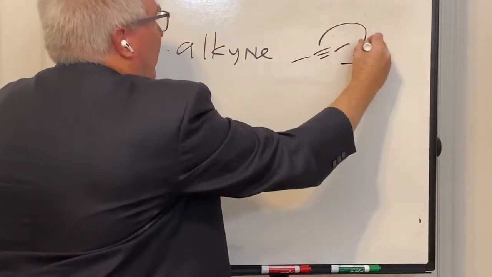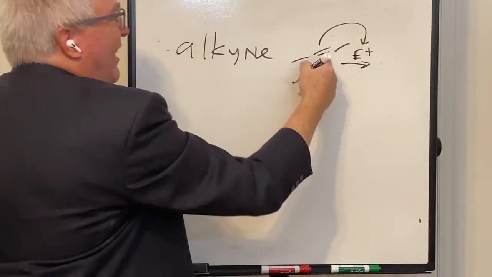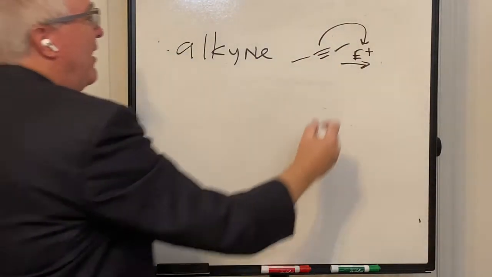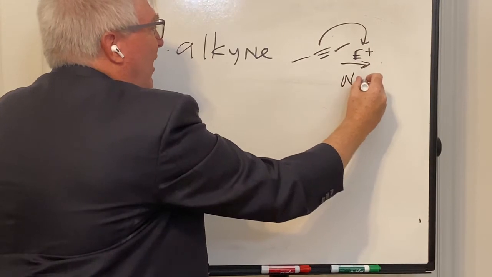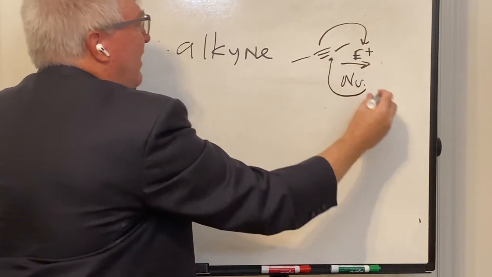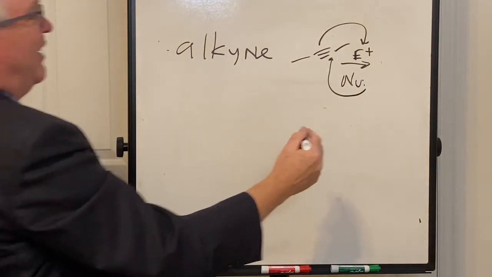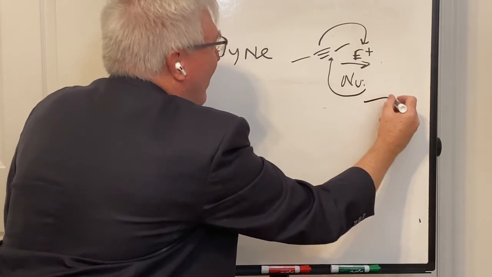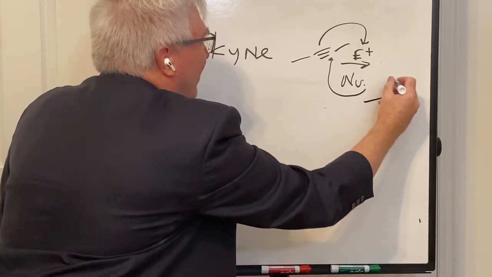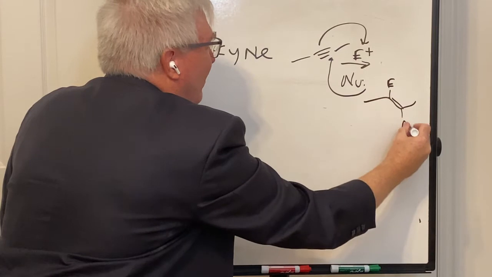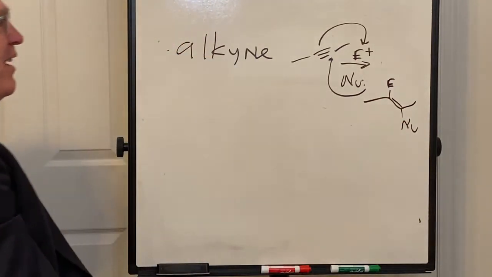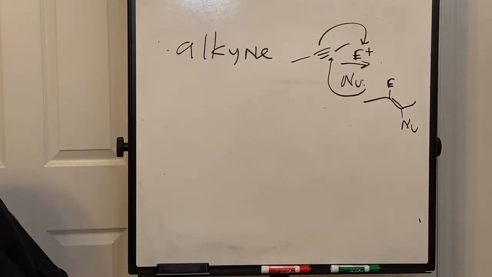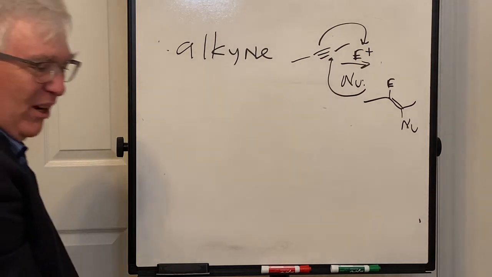And the electrophile is going to be attracted to the pi bonds there. And then our nucleophile will come in here, okay? Notice the flow of the electrons. And what we're going to wind up with is what? Electrophile and nucleophile. Just like before. It's the same thing with these H reactions, right? So let's see our first one.